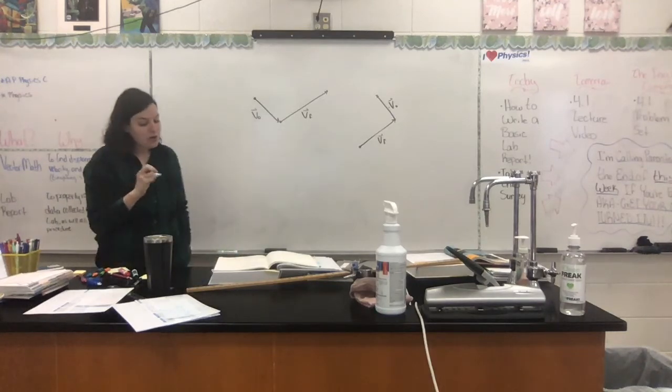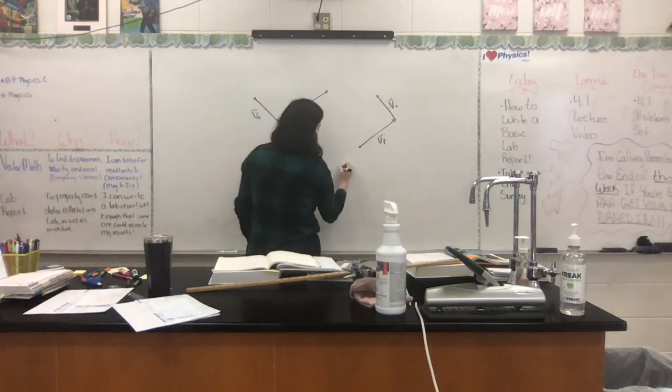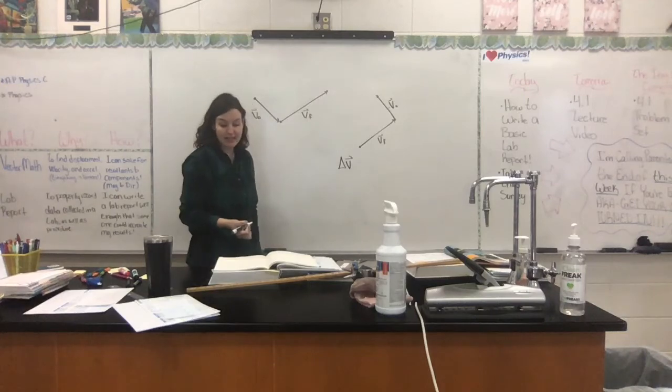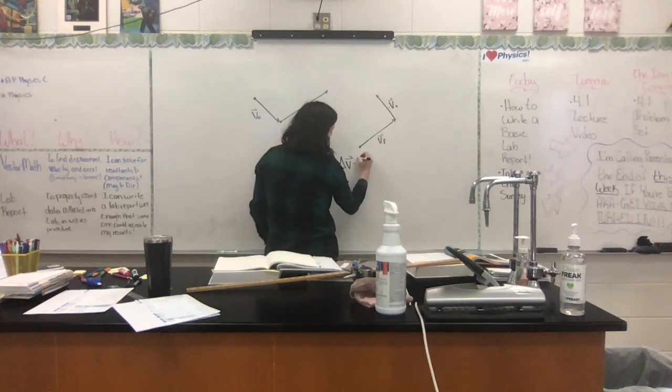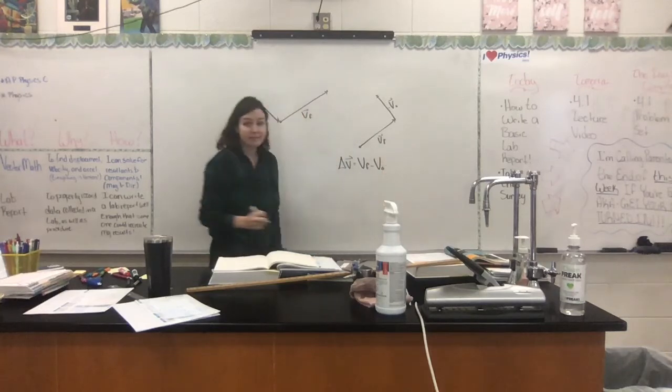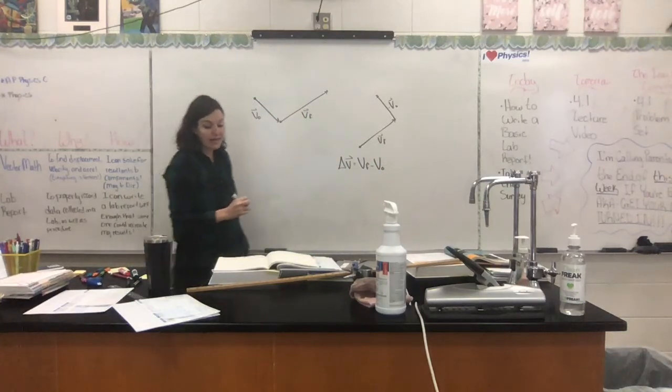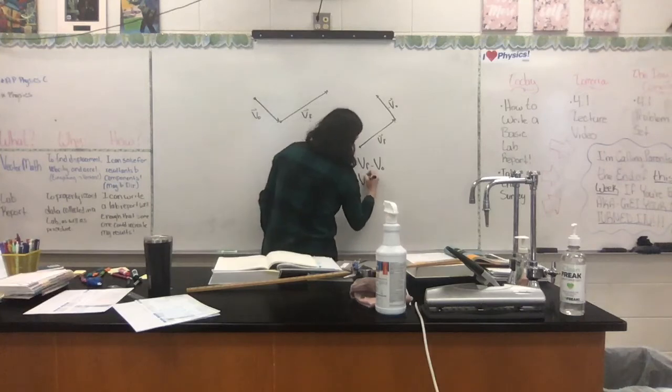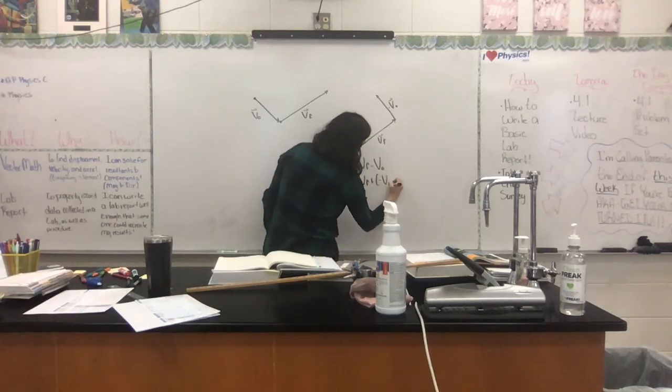Now, in order to draw a change in the velocity, we should know that that is vf minus v naught, right? So what we're going to have now, and what we see here, is basically just vf plus negative v naught.